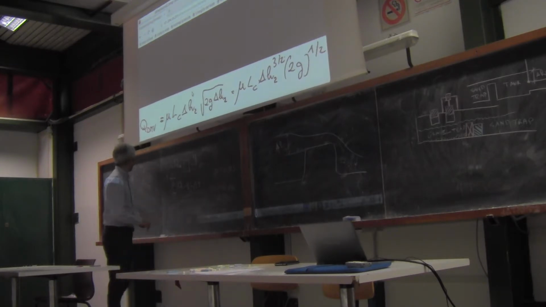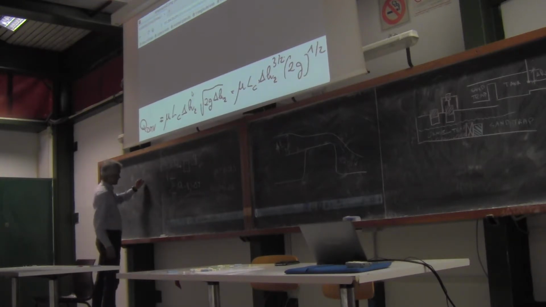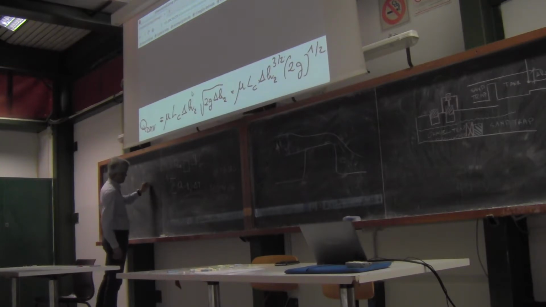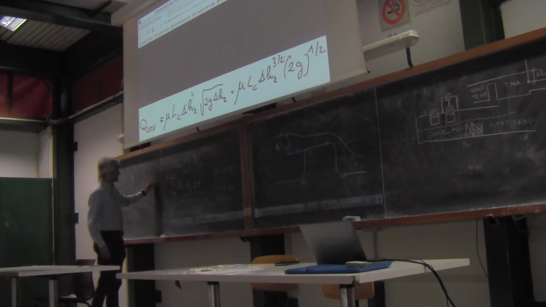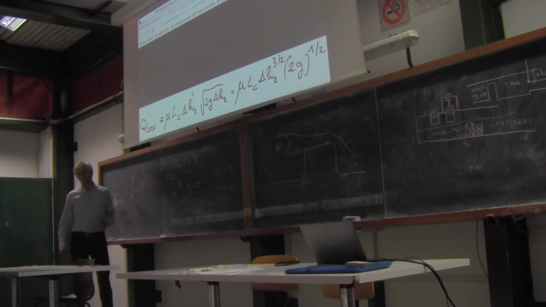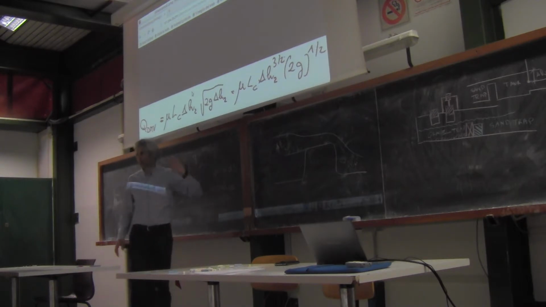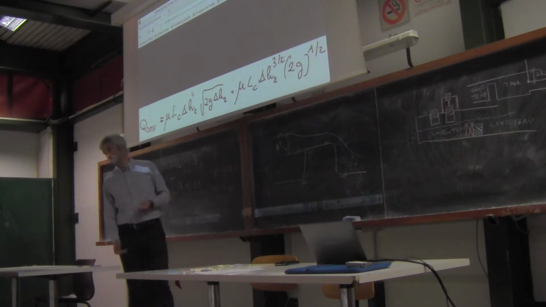So basically you could write this as Q_dmv equal to μ Lc, 2g at the power of 1/2, delta H2 at the power of 3/2, 1.5. If you don't like the square root symbol, you can use powers in this way to avoid the square root symbol.